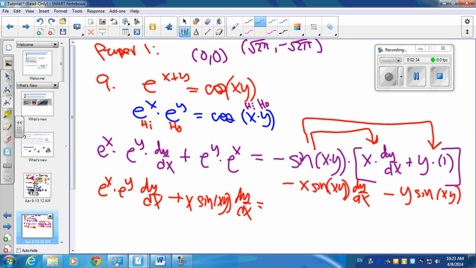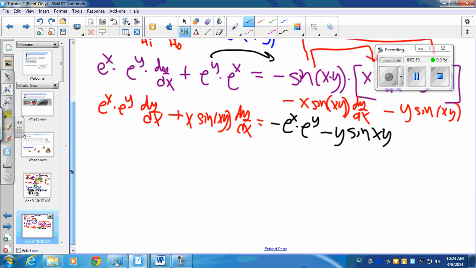And then on the other side, I'm going to keep this minus y sine xy, and I'm going to move this one over to the other side. So you get negative e to the x, e to the y. So notice that all the terms that had dy dx's are on one side. All the ones that don't have dy dx's are on the other side.